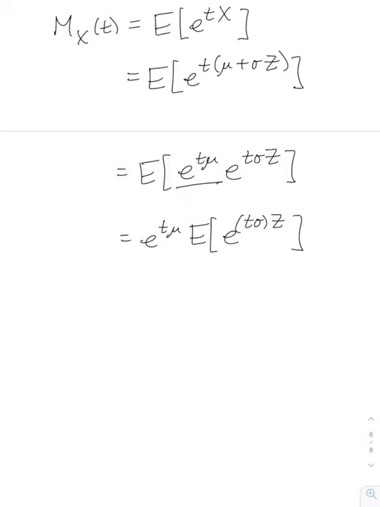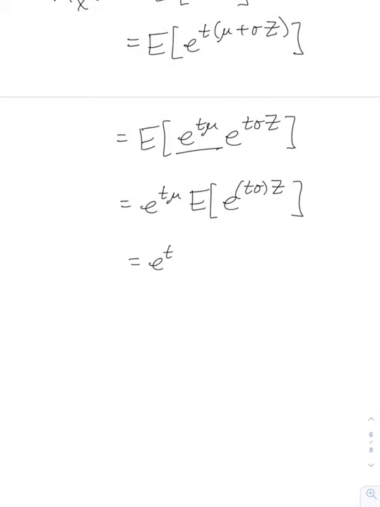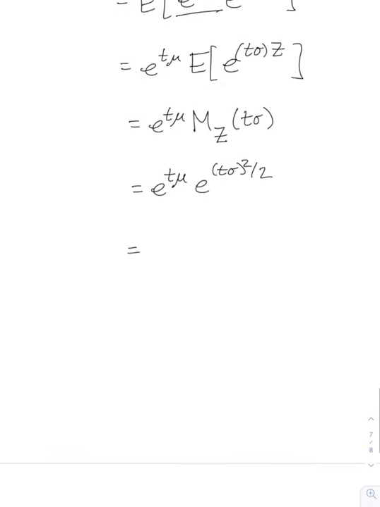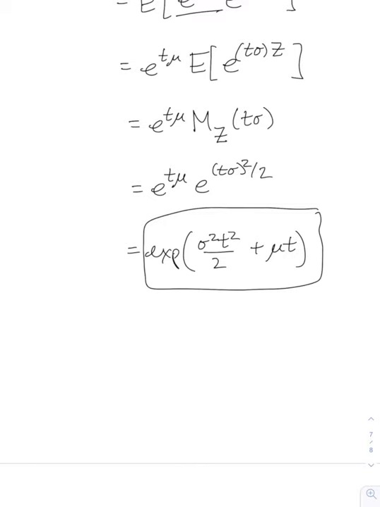Think of t times sigma as just a single number, then what you're looking at is the moment generating function of Z evaluated at t times sigma. So that's e to the t mu times e to the (t sigma) squared over 2, or a little easier way to write it, the exponential of sigma squared t squared over 2 plus mu t. That is the moment generating function of a general normal random variable, normal(mu, sigma squared).